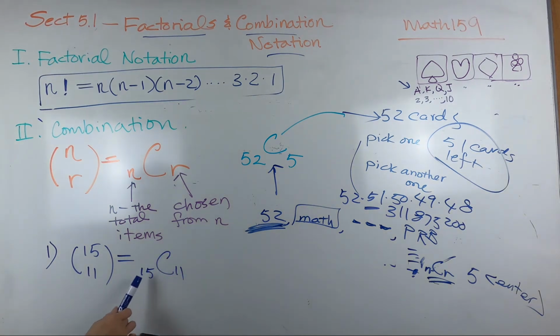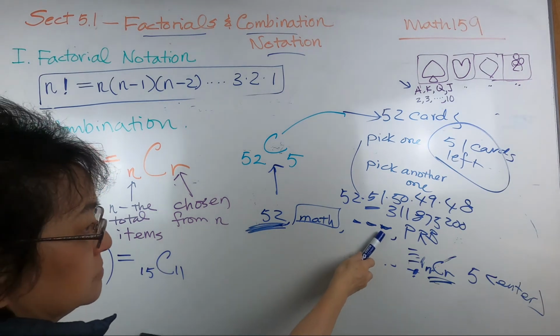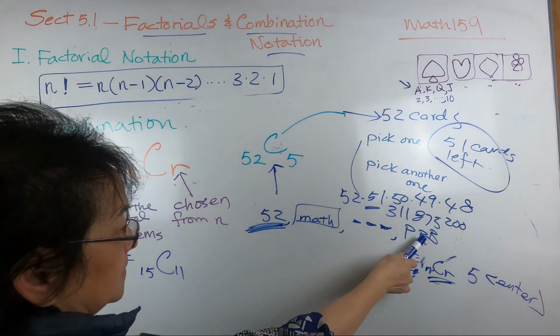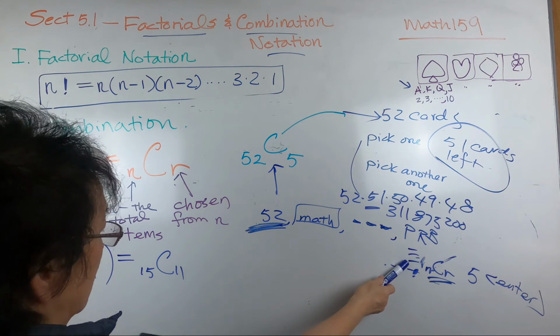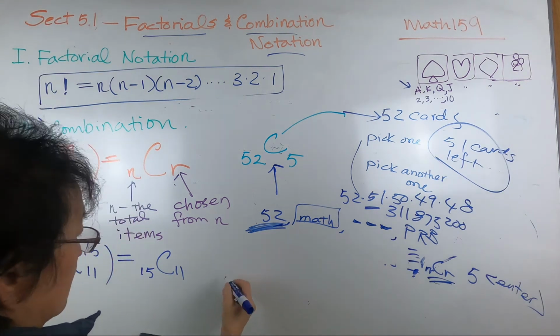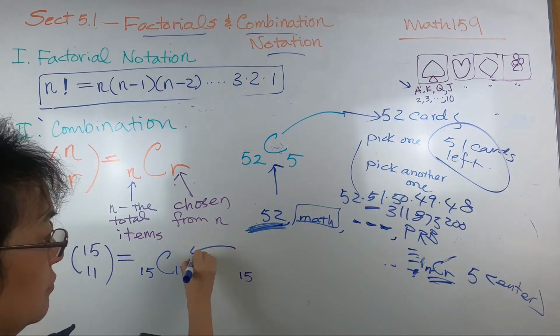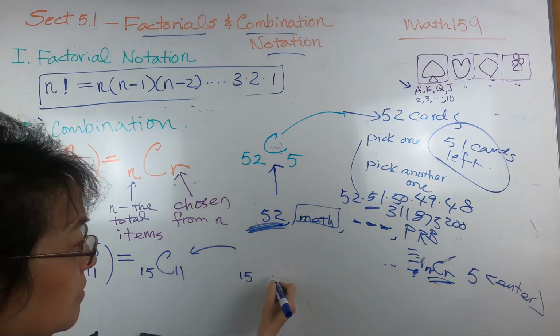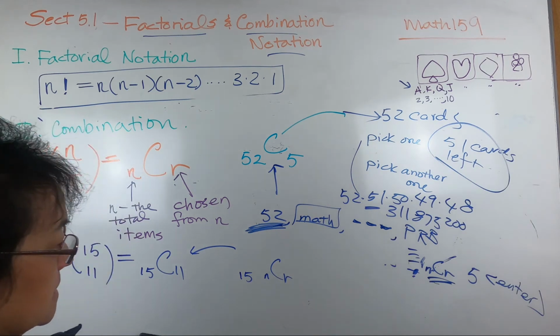Then you type 15 first, then do the math key, then you do 3 arrow keys, then you go to probabilities, then you choose option 3. For this one, it will give you 15, right? They will show you like this.